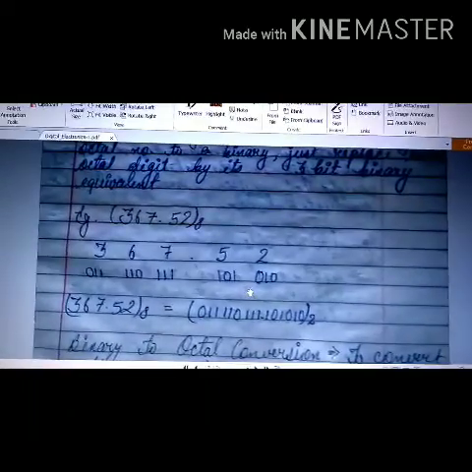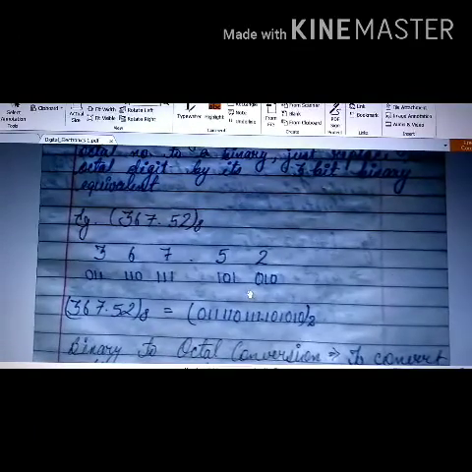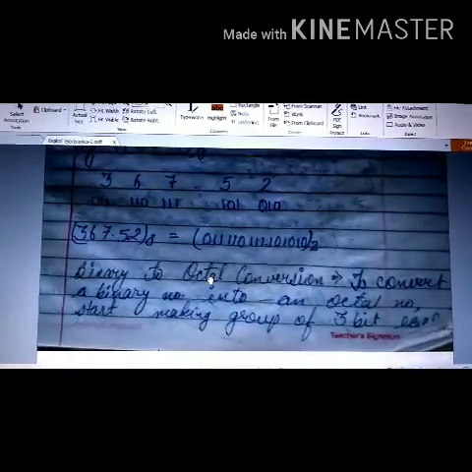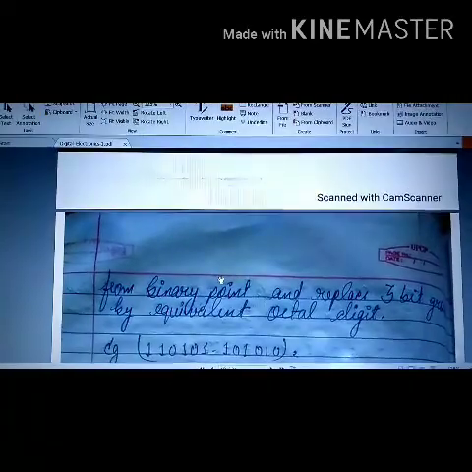Then comes the next, binary to octal conversion. Binary to octal conversion is very similar to this method. To convert a binary number into an octal number, start making groups of 3 bits each from the binary point and replace each 3-bit group by the equivalent octal digit.